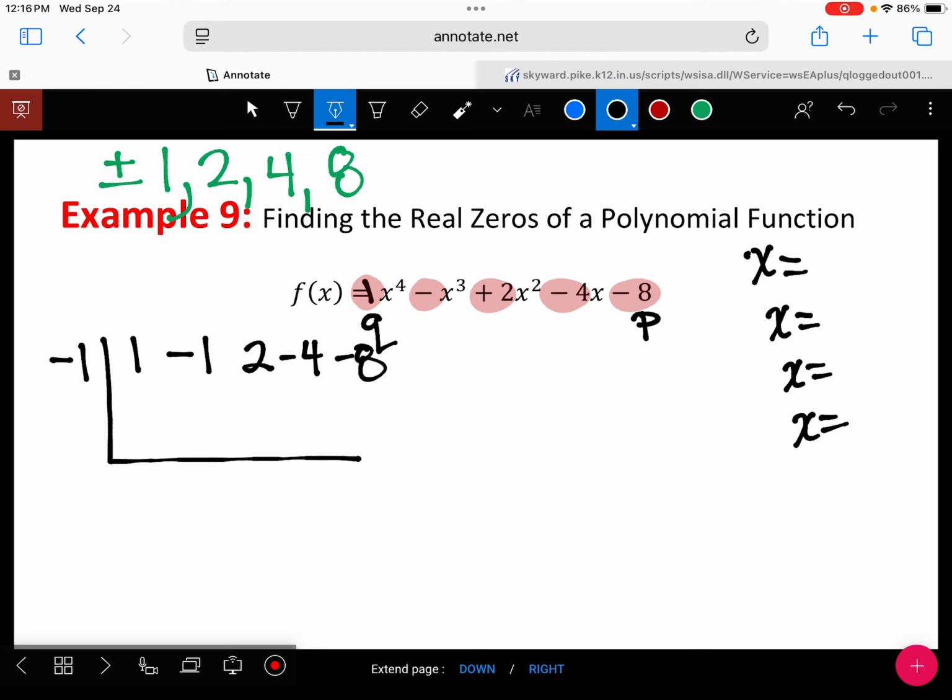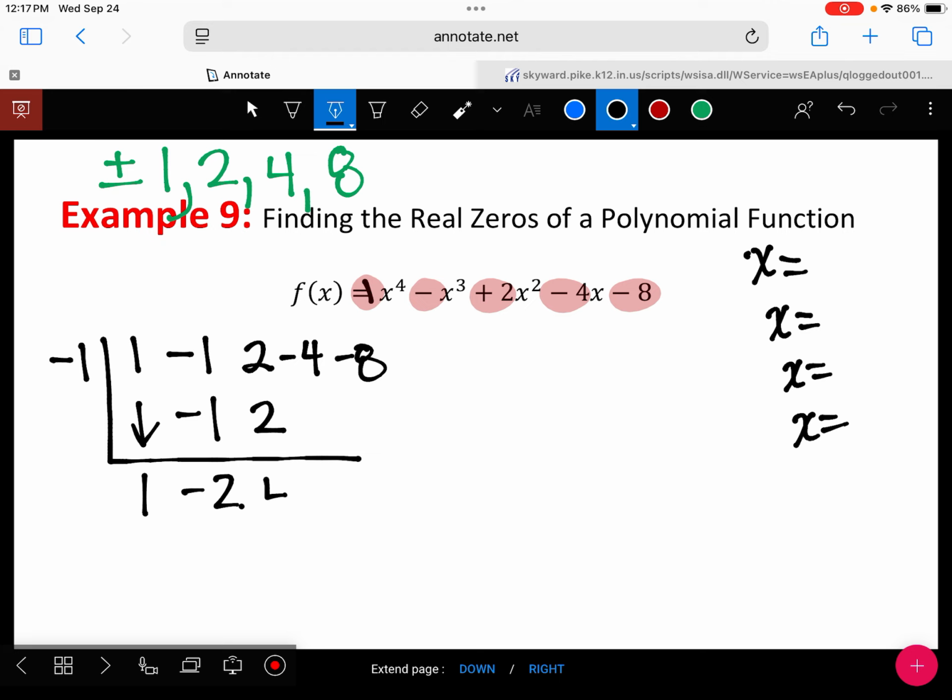So let's test -1. Bring down the first number. -1 times 1 is -1. Add, you get -2. -1 times -2 is a +2.